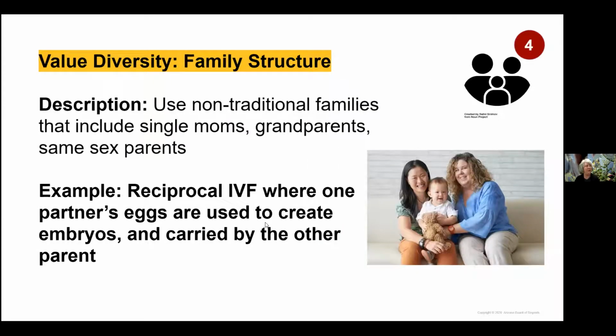Diversity in terms of family structure. This was, again, thinking outside of what that traditional mother, father, child type of family structure is. We wanted to make sure we showed images of single parents, grandparents, and same-sex parents, all creating a family unit.